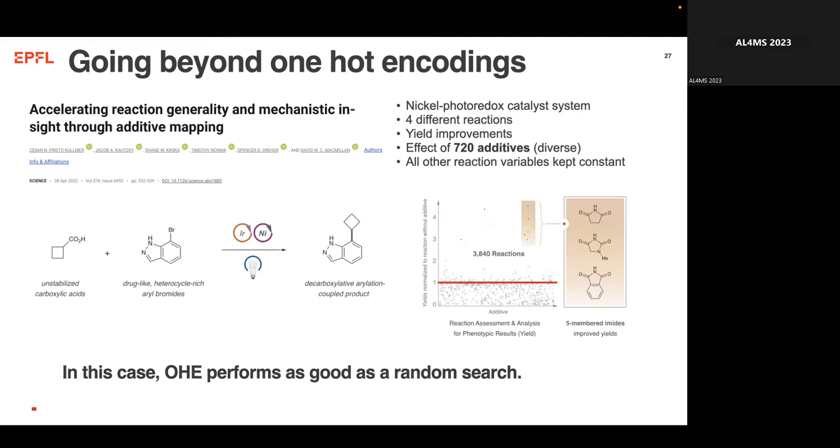If you have just one class where you change the components, and you use one-hot encoding, then you just get those 720 different ones or zeros, but it performs as well as random search because you have nothing to learn from.